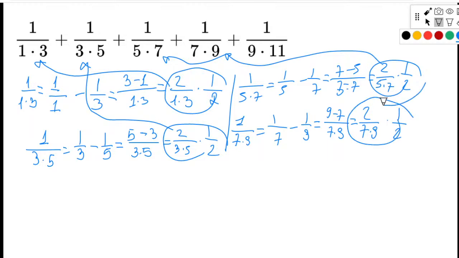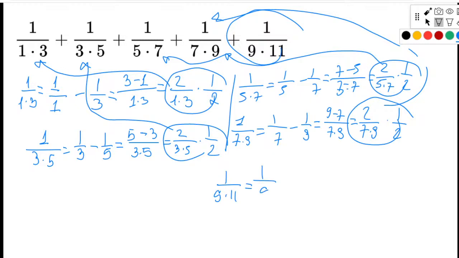Let's check the last one. 1 over 9 minus 1 over 11 would be 11 minus 9 in the numerator, so 2 over 9 and 11. So again, we get this one.